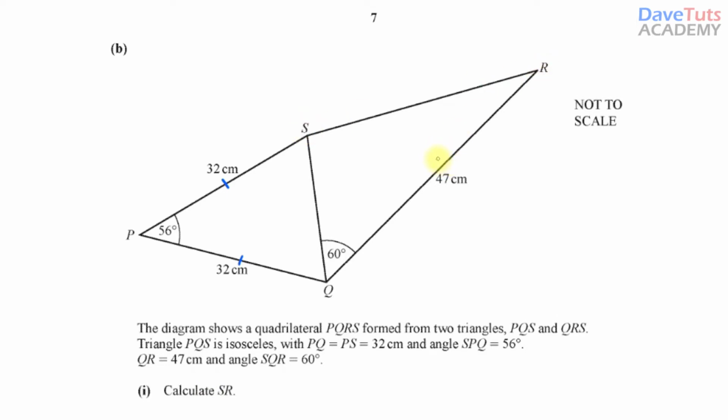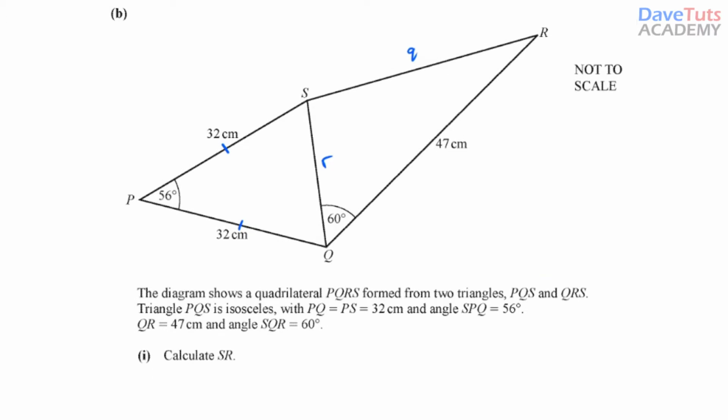Since SR is facing this Q, let me just call it Q. How can we get this particular Q? If we can get the value of SQ, since it's facing R, let me call it R. If I can get R, I can make use of the cosine rule.